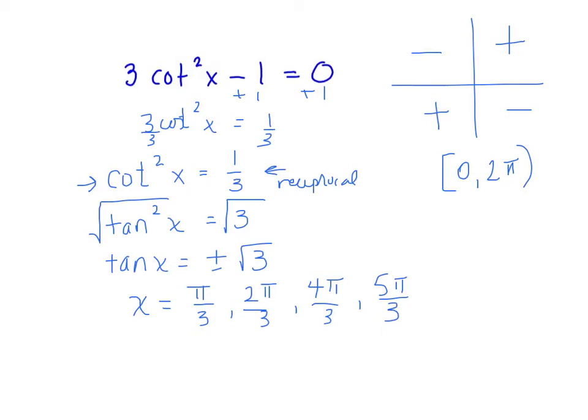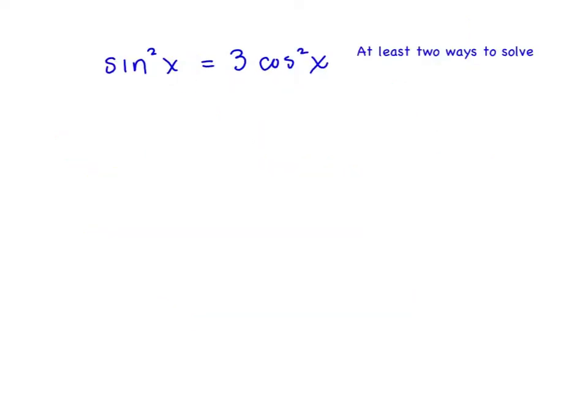All right. So there was a little technique, a little thing to do here. Remember the plus or minus when you take the square root. Okay, on this problem I put a little caveat here. It says there's at least 2 ways to solve this problem. And what I mean by this is that I can either, notice that both the sine squared and the cosine squared are part of the identity.